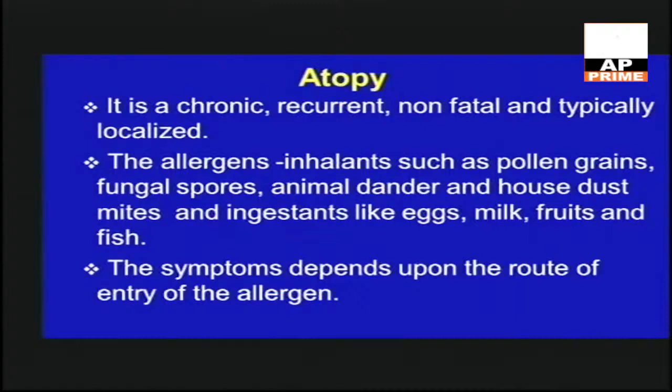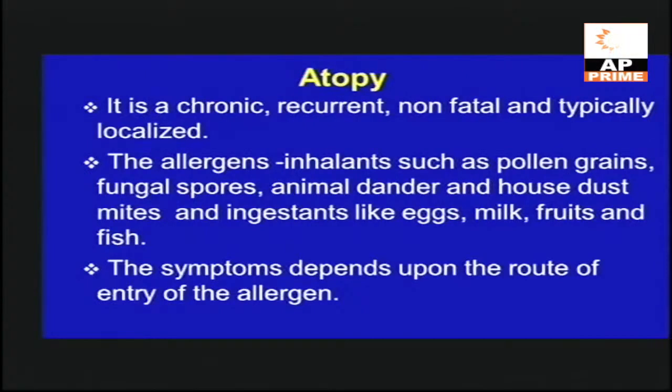And the second type is atopy. It is chronic, recurrent and non-fatal. Typically it is localized to a particular organ, and the symptoms depend upon the route of entry of the allergen. So the allergens include inhalants such as pollen grains, fungal spores, animal dander, and house dust mites, and ingestants like eggs, milk, fruits, and fish.